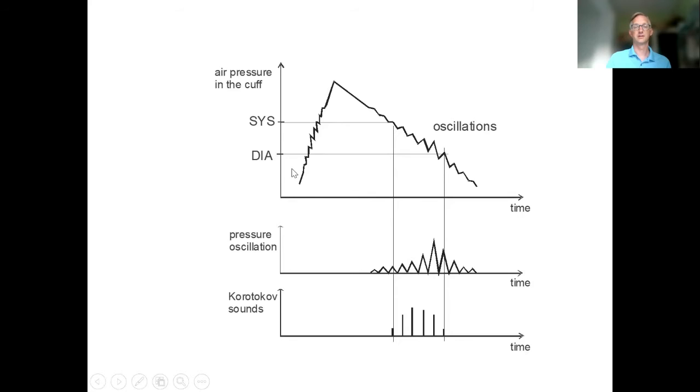In another picture, these devices pump the air pressure in the cuff up, then deflate, and then these oscillations occur. They do also occur on the way up when the pressure is building up. Some of the commercial devices also use these oscillometric pulses to estimate where the systolic and diastolic pressure will be.